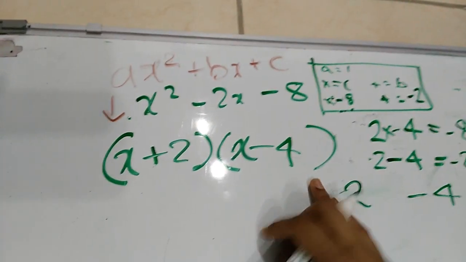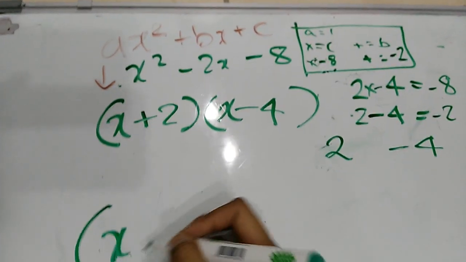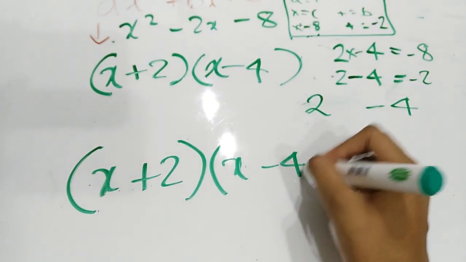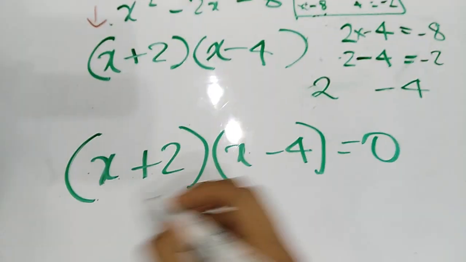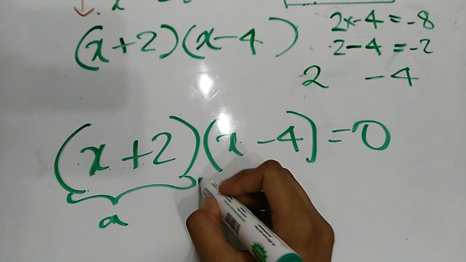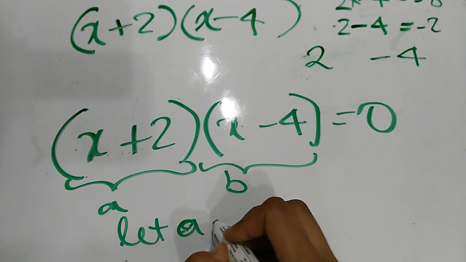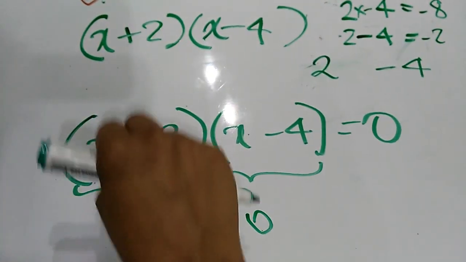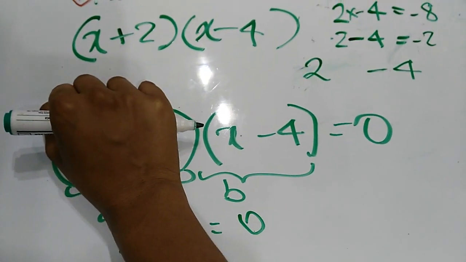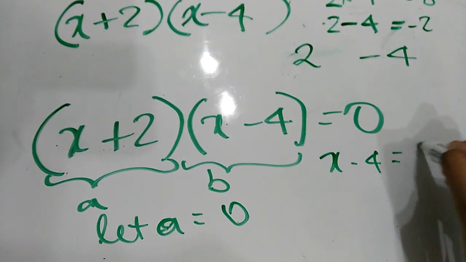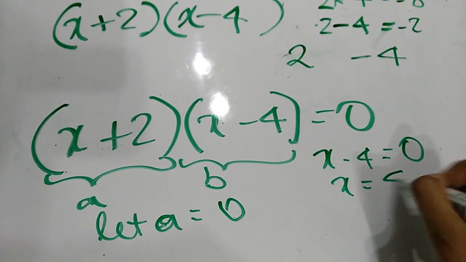But since I want to solve it, I add in the extra step of equaling it to 0. So I pretend that this is A and this is B, and I say let A equal 0. So that's now 0, there's nothing there, so I cover it up. x minus 4 equals 0. So x is 4.